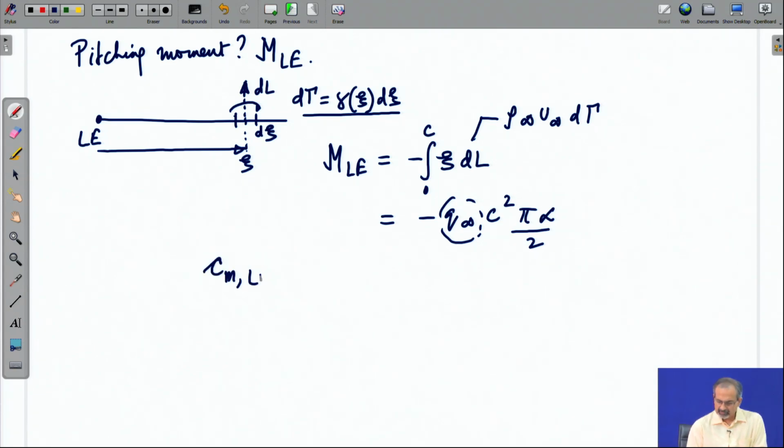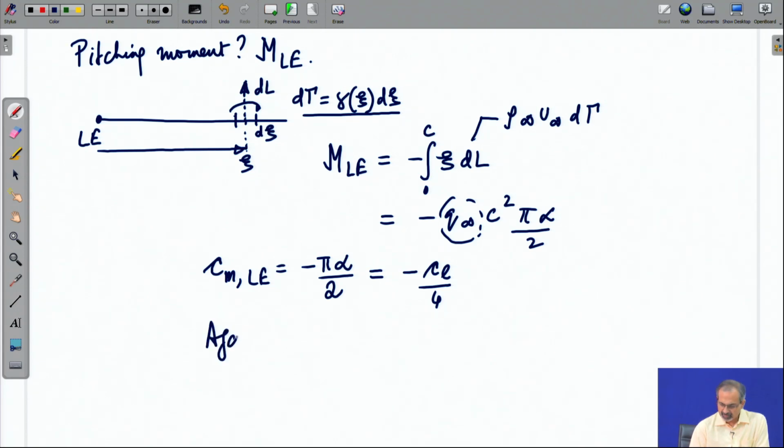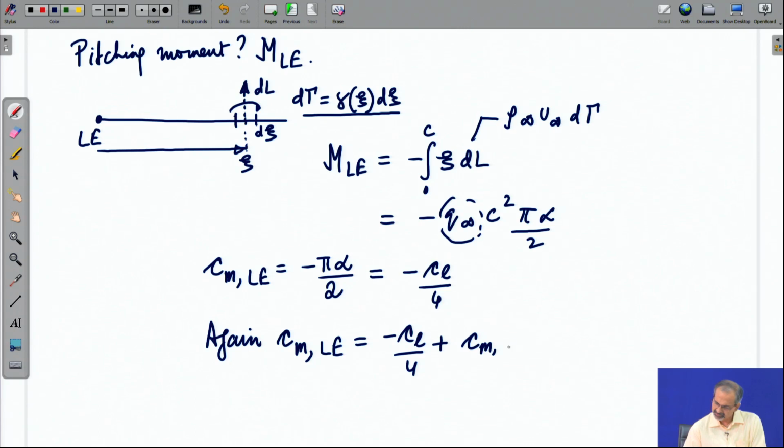If you obtain the coefficient, it will turn out to be pi alpha by 2, which incidentally is equal to CL by 4, because you already know the expression for CL. Again, earlier we had shown equivalent moment systems, where we had expressed Cm leading edge equal to minus CL by 4 plus Cm c by 4.